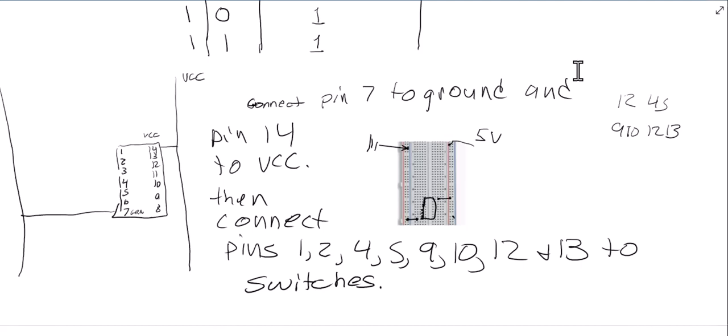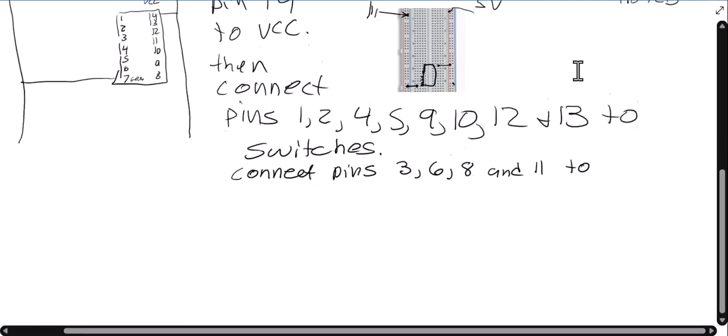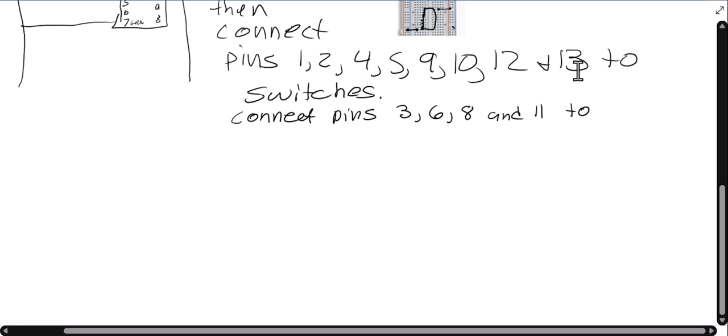And then you'll connect pins 3, 6, 8, and 11 to, since you haven't done this before, you don't know what you'll have available.